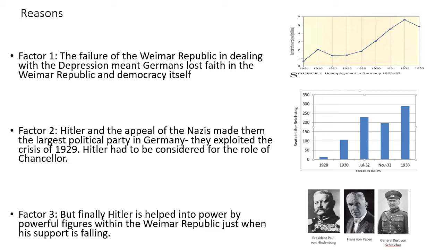So we're going to look at these three factors and do some research on the evidence and the explanation that would support each of these factors. So on to the next slide.